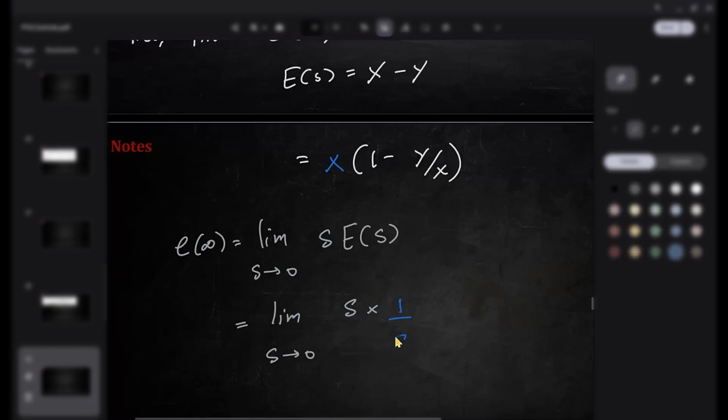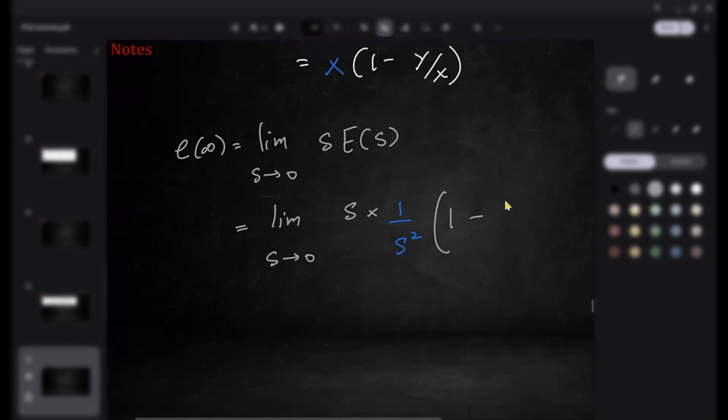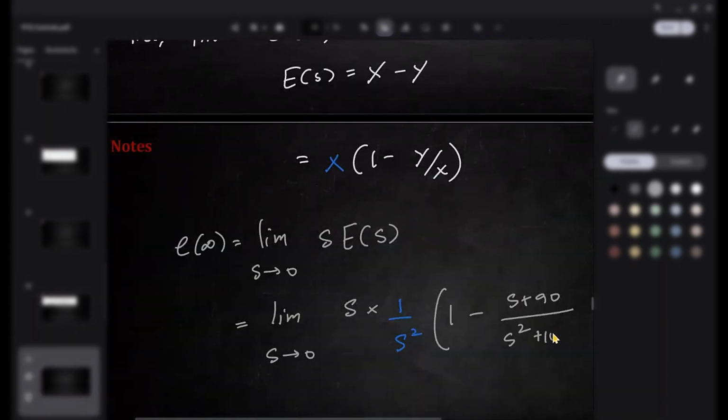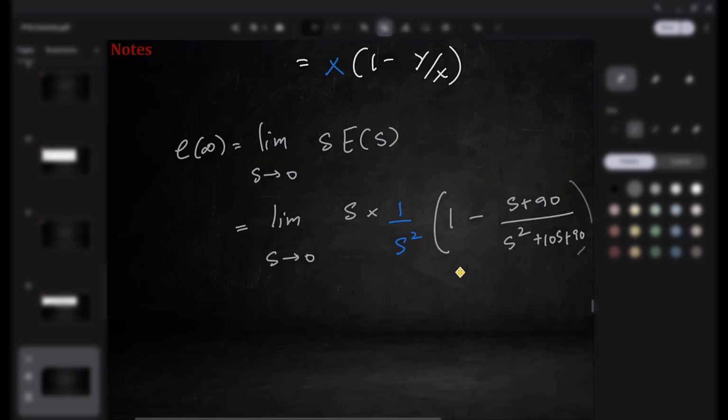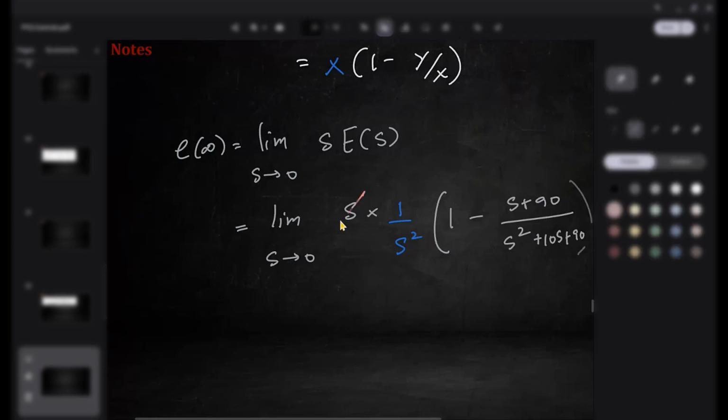And then minus the transfer function Y by X, which is s plus 90 over s square plus 10s plus 90. Again, s tending to 0, fairly easy to find. You could go complete this. So the s will cancel.